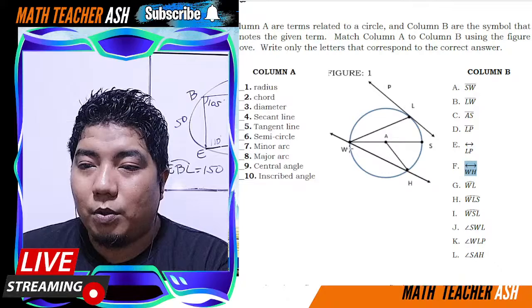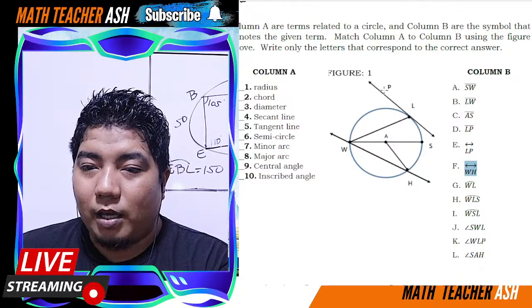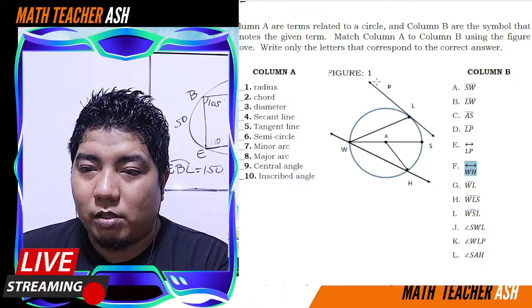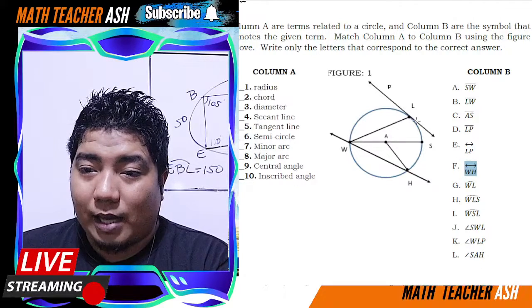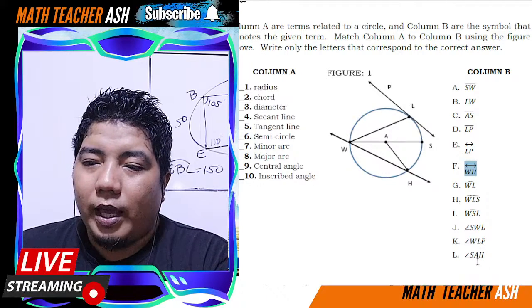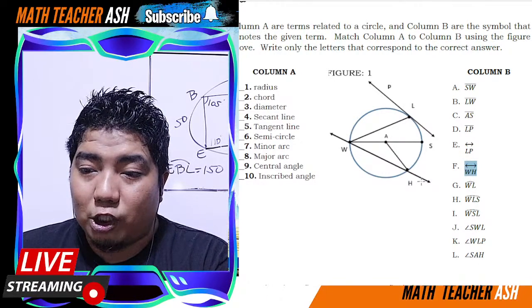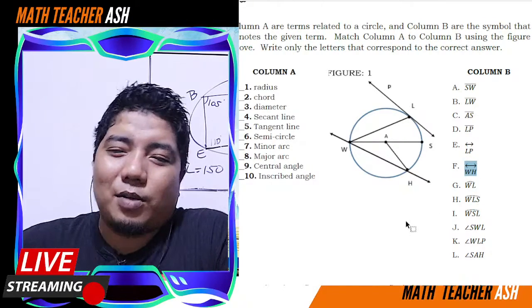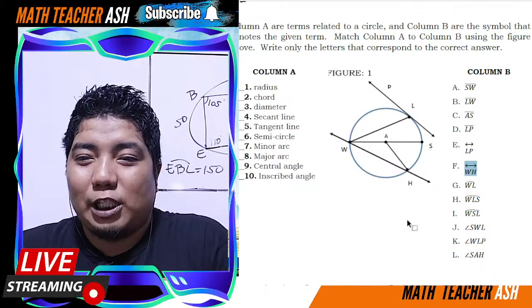WLP. I think wala siya dito. But that is considered as an inscribed angle pa rin. And we have SAH. That is a central angle. So, we have just completed this first test.